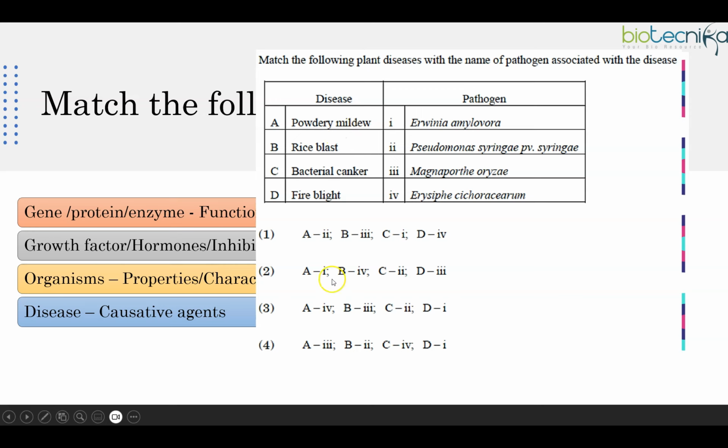If you are not sure of this, then there is no way you can guess it, because powdery mildew, for example, is not caused by Erwinia amylovora. Then you have fire blight, which is caused by Erwinia amylovora. Rice blast is caused by Magnaporthe oryzae. Bacterial canker is caused by Pseudomonas syringae. So here the answer is option 2.